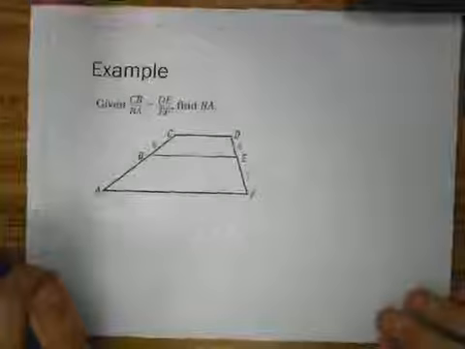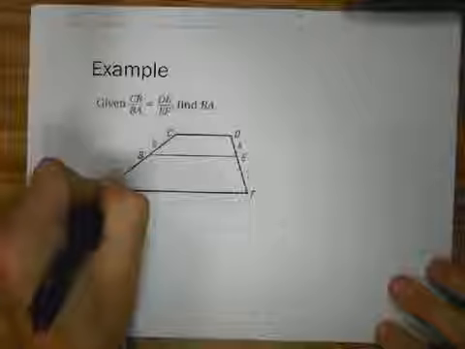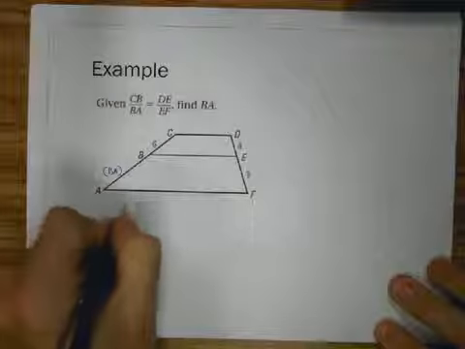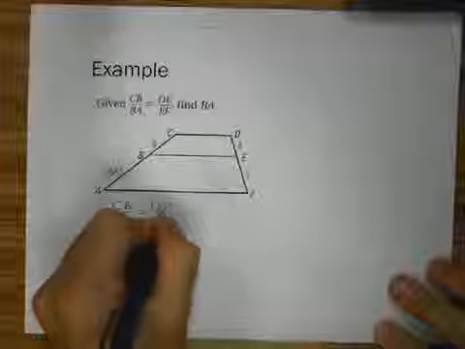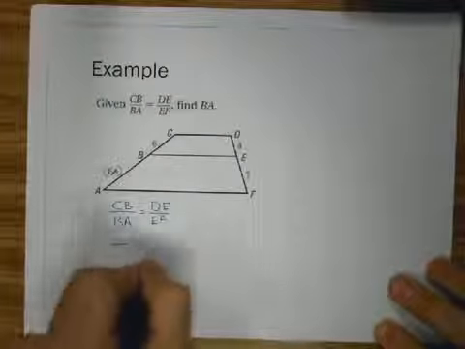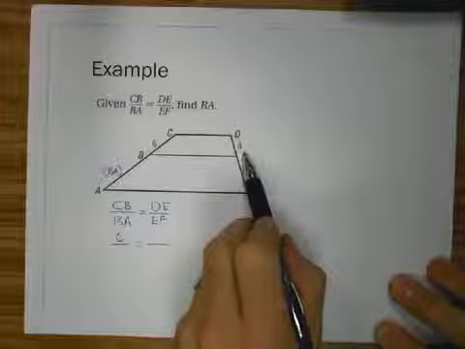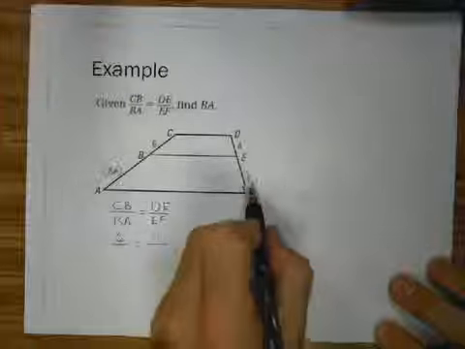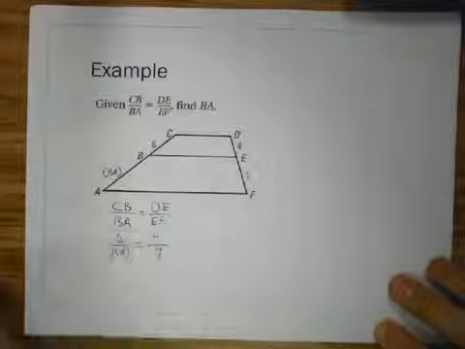So let's take these proportions and now start looking at applying it to geometry. They give me a proportion, CB over BA equals DE over EF. And I need to find BA, which is right here, this length out here. So if I take CB over BA equals DE over EF, they gave me values I can already work with.